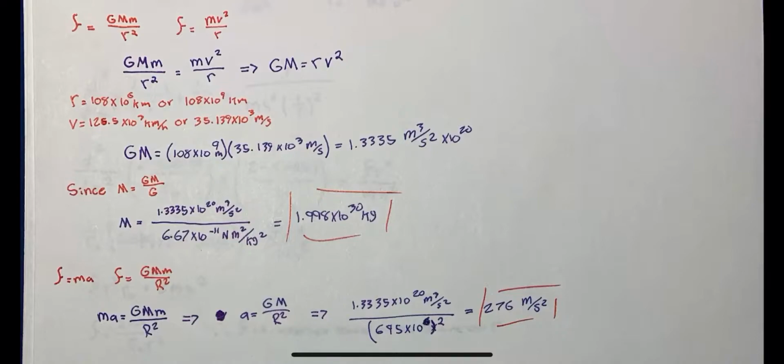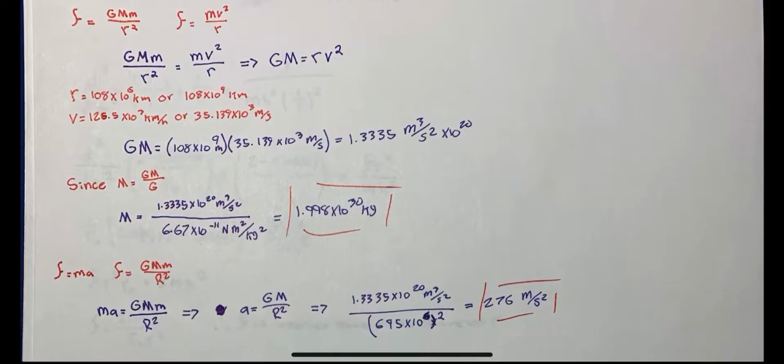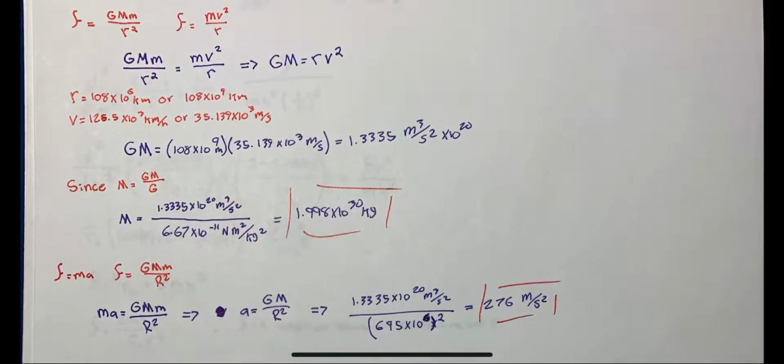And then we'll just change the radius from kilometers to meters, and the velocity from kilometers an hour to meters per second. Then we'll plug in those, and we'll get GM is equal to 1.3335 times 10 to the 20th.